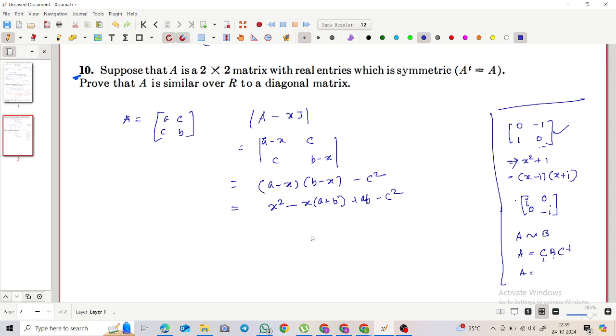Yeah, but the problem is that suppose identity matrix, what do we do with that? It can have repeated root. Sir, I think the discriminant of this equation is greater than or equal to 0. Lambda 1 plus lambda 2 is a plus b, and lambda 1 into lambda 2 is ab minus c square.